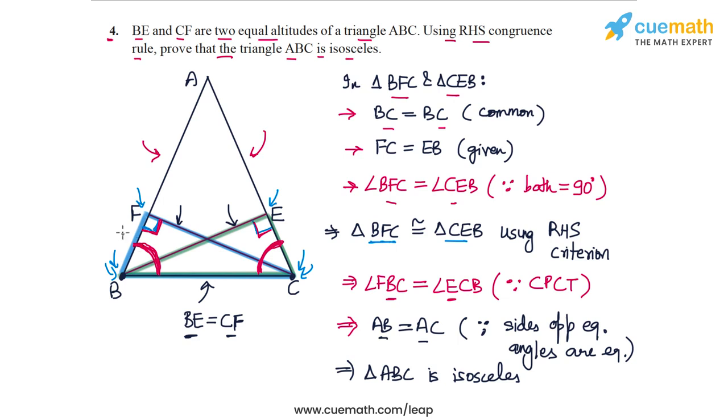So what did we do? We compared triangle BFC and triangle CEB. We proved that these two triangles are congruent using the RHS congruence criterion, and then from there we said that the angle at B and the angle at C are equal, and hence the sides opposite these angles are also equal in triangle ABC. So triangle ABC is isosceles, and that completes our proof for question 4.